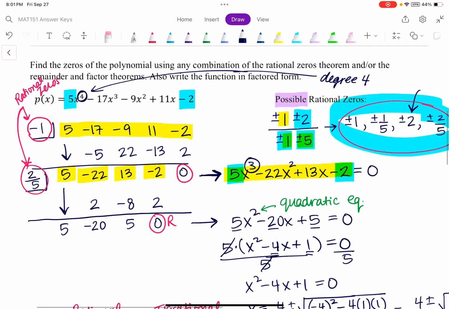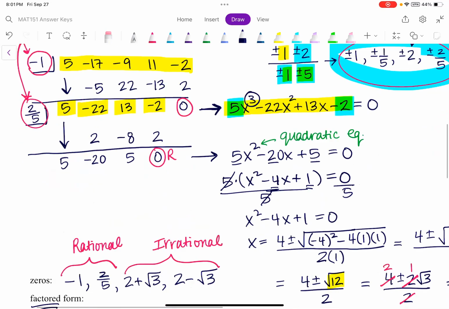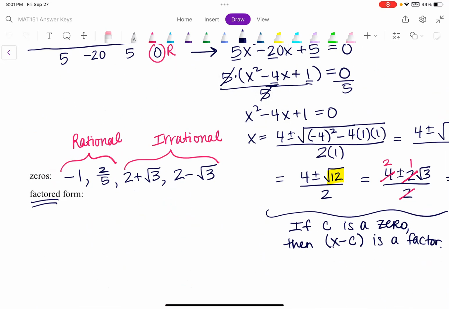So the name of this function, remember, it was called p of x, so I'm going to name it the same here. So my function p of x, my first 0 was negative 1, so my factor will be x minus negative 1, which you know will simplify to be x plus 1. My second 0 was 2/5, so that would be x minus 2/5.